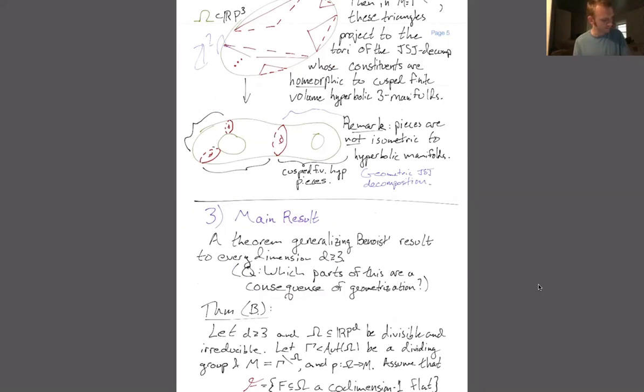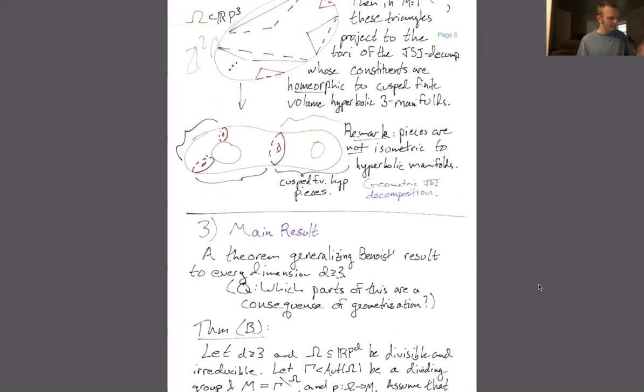And I think it reignited people's interest in the study of convex projective domains in their own right, because it demonstrated that there was something greater than just hyperbolic geometry going on.